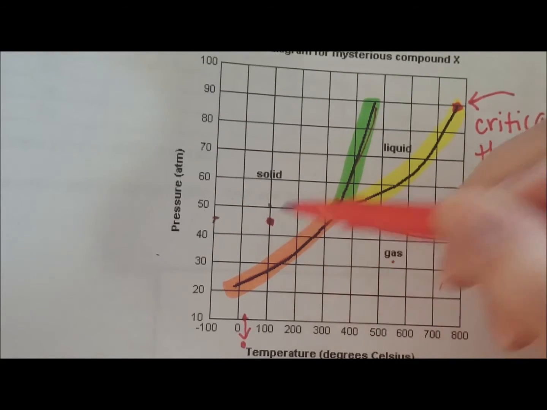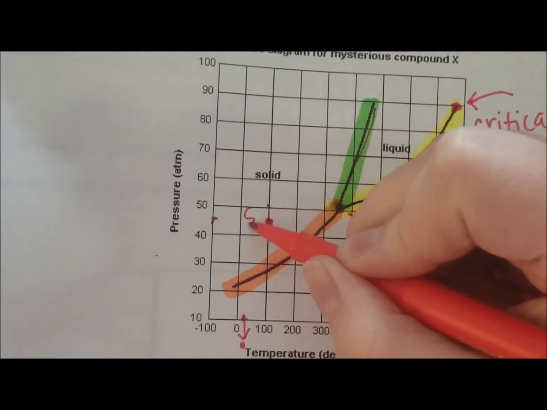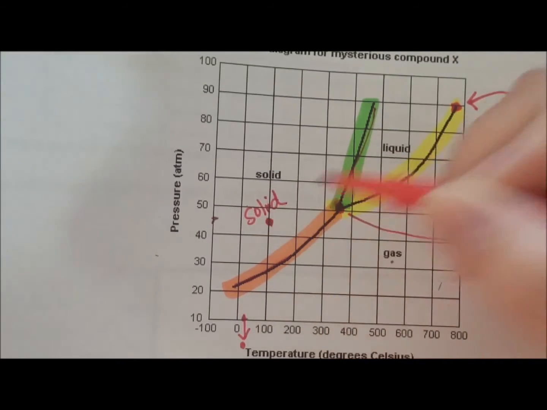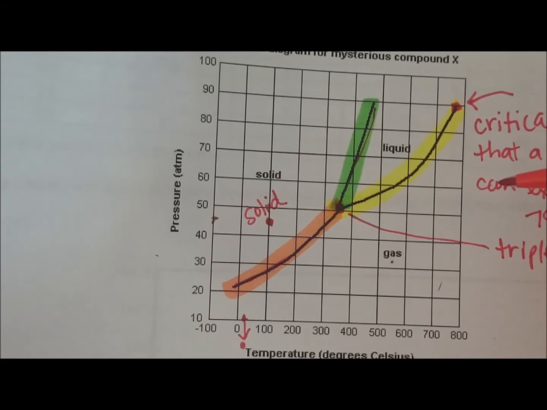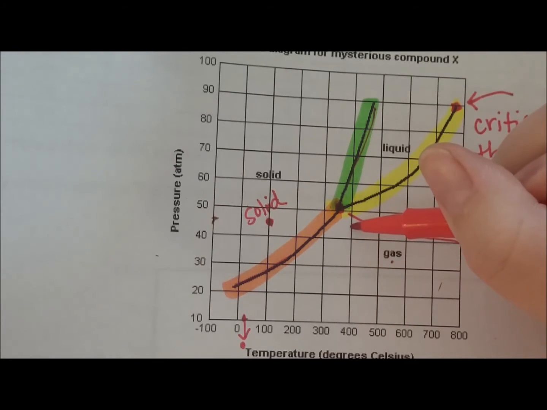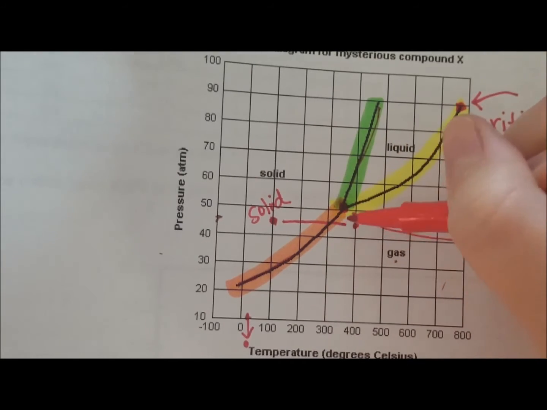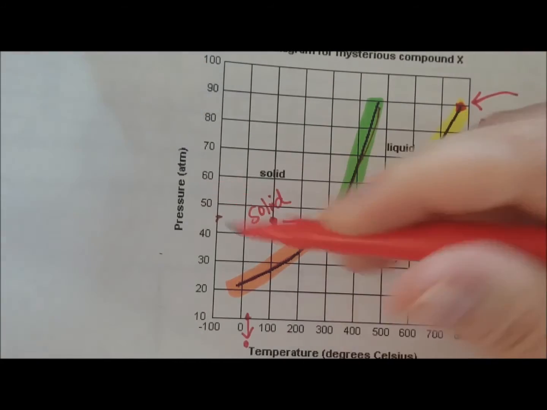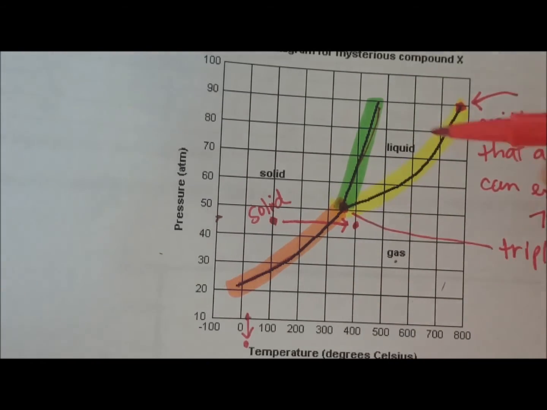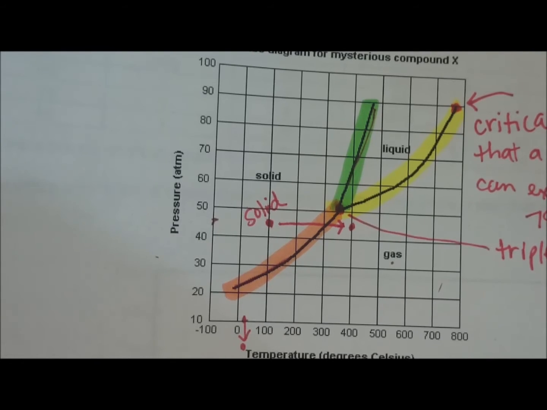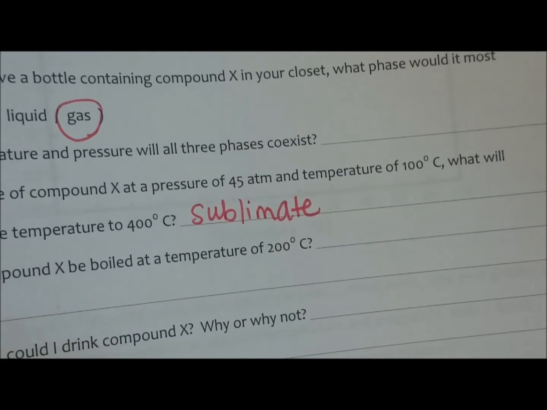That's right here. And this is currently a solid, right? It says, what would happen if I went to 400 degrees Celsius? 400 degrees Celsius is right here. So you're going to cross that line. And like we said, that line is representing sublimation. So what will happen? Compound X will sublimate. It will go from a solid to a gas.